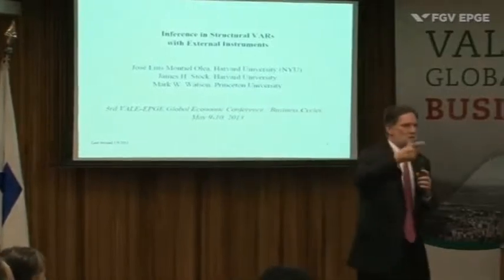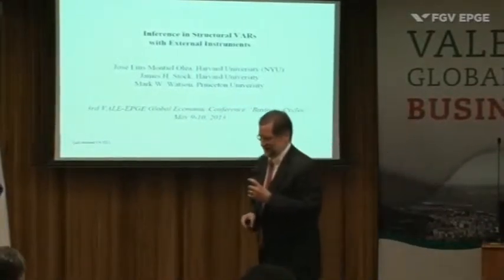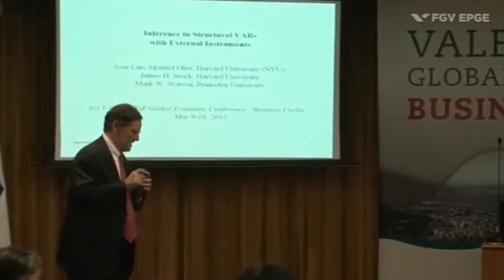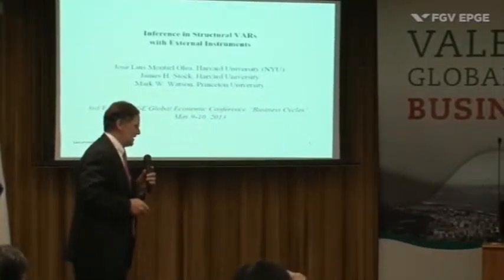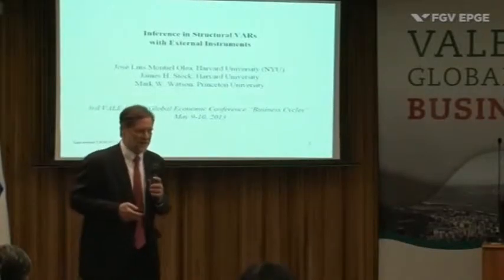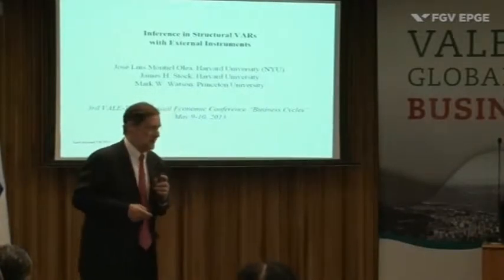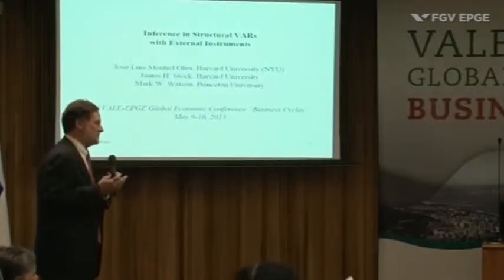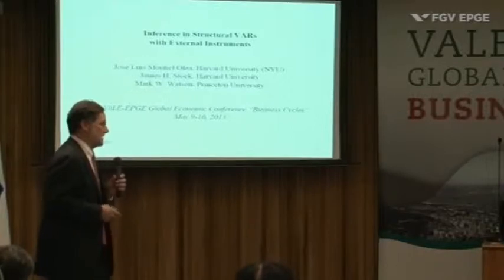It's a bit removed from the immediate focus of the conference, but I hope it turns out to be useful for those that empirically use vector autoregressions to think about identified shocks and things like that.